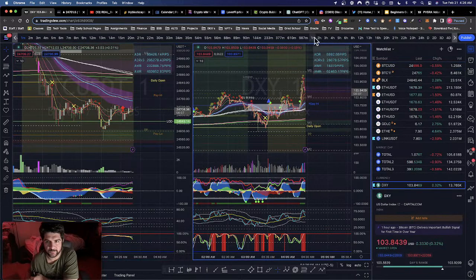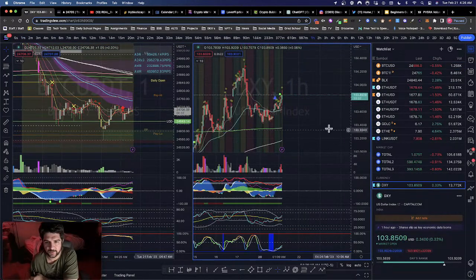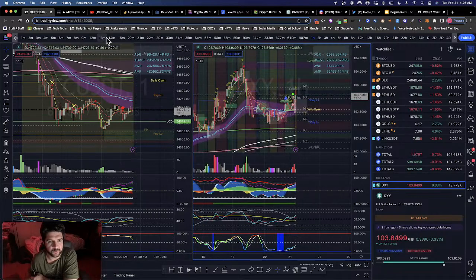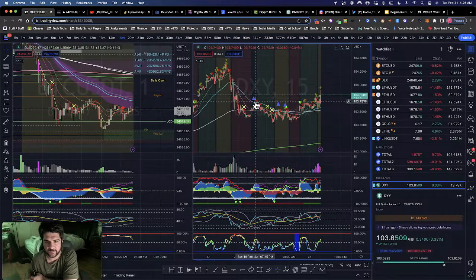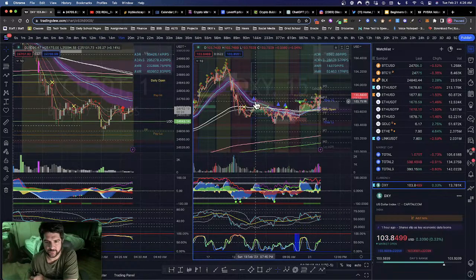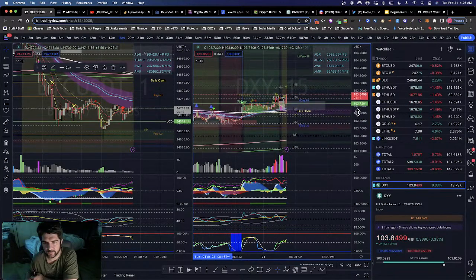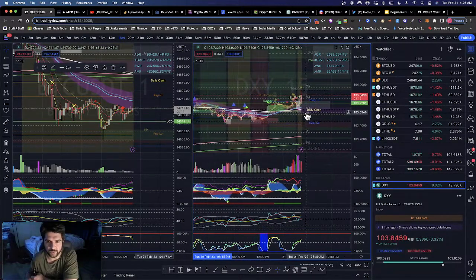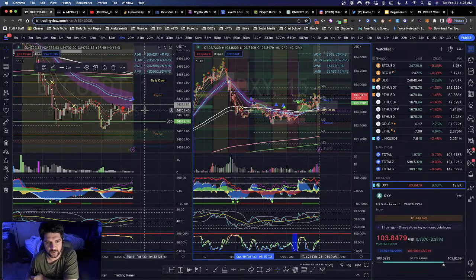Yeah, man. Look at this. 15-minute time frame. Oof. Right here is your high of the week. And you're just mooning from it. Mooning. There you go, Bitcoin.